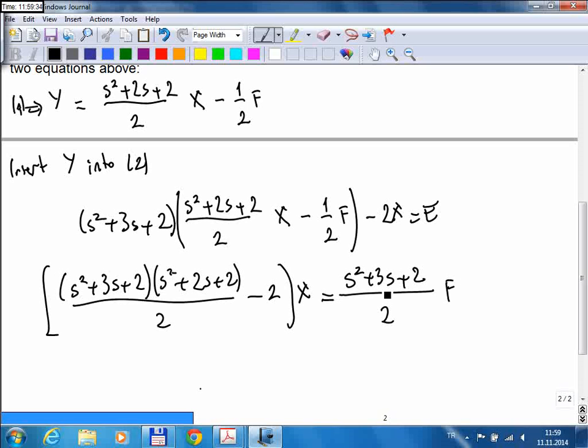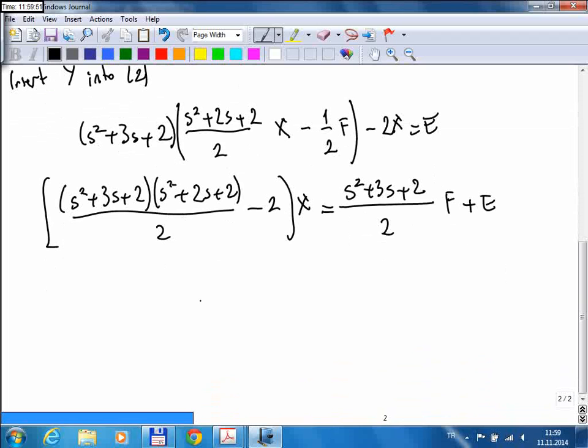So this is going to be plus. Now this 2 cancels.